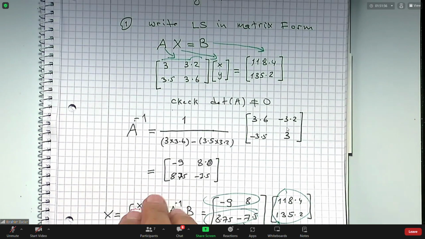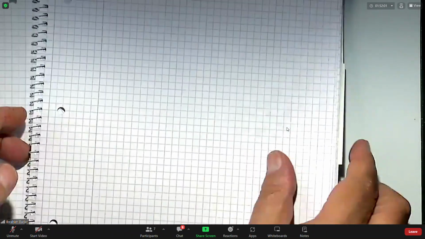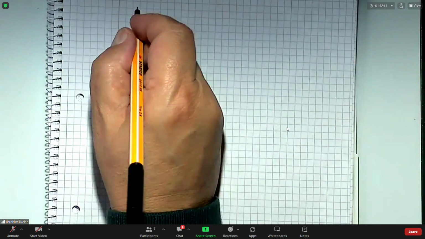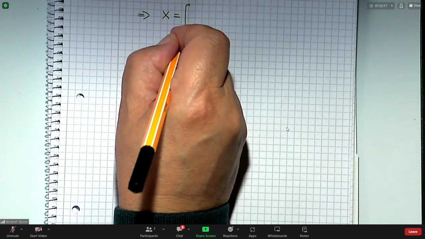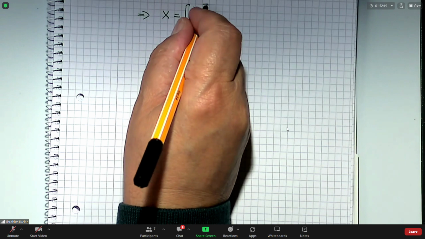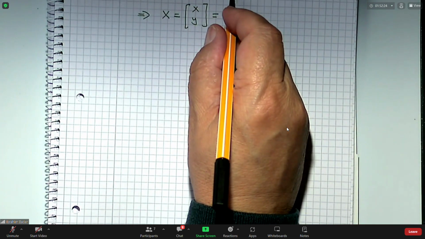Okay, so let's see. Okay, so X, Y equals, I will multiply it out, so the result of the multiplication.